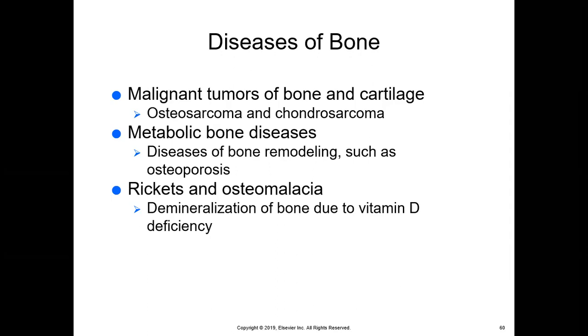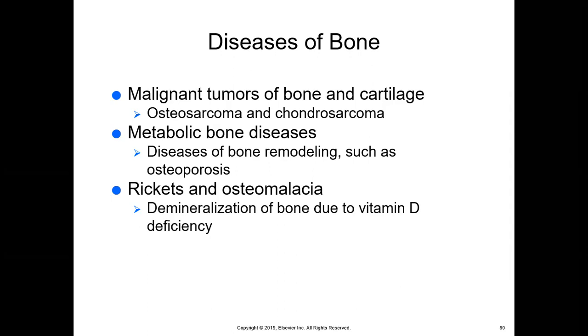What I want you to know is that osteosarcoma is the most common malignant tumor of the skeletal tissue, and often the most fatal as well. Know that osteoporosis is characterized by increased bone porosity, which means the bone is not as strong, with reduced mineral density and reduced mass.